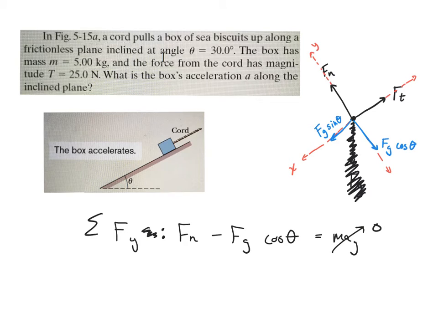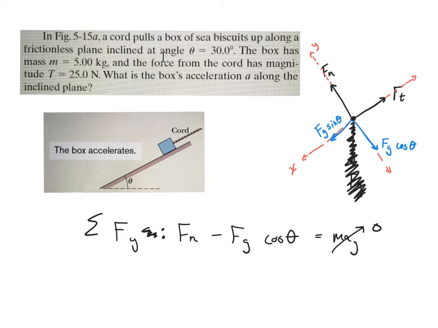Again, why does ay go to 0 in this problem like the last one? Why did ay go to 0, Chip? It's not coming off the ramp. Very good. It is not levitating off the ramp. The rope or the cord is pulling it up the ramp, not off the ramp.